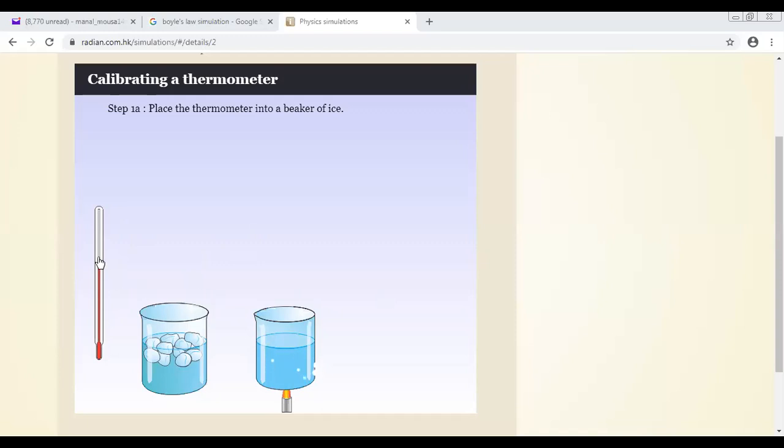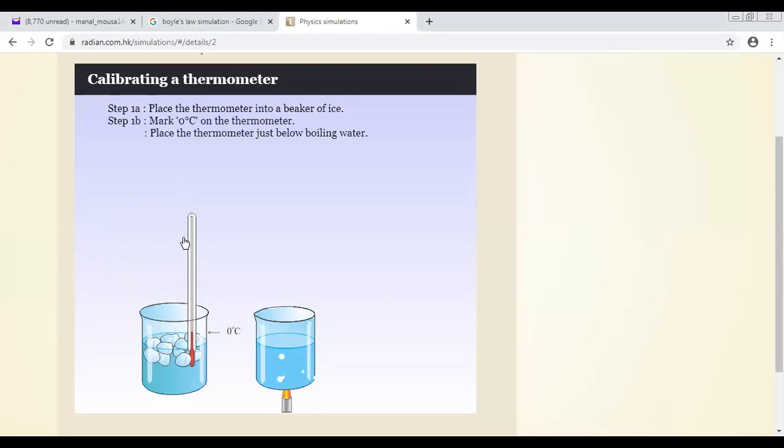Firstly, we have to place the unlabeled thermometer inside the pure ice. When we place the thermometer inside the pure ice, as you see, the mercury contracts and stops at 0 Celsius.